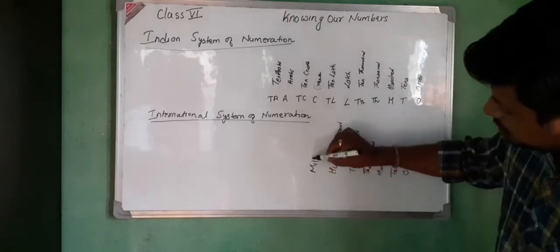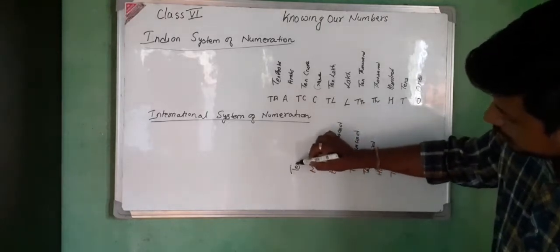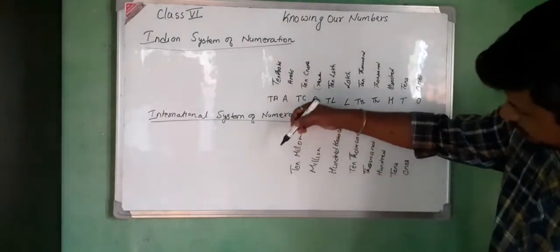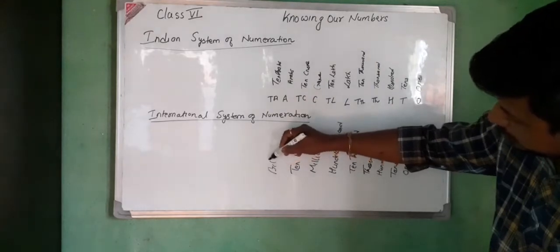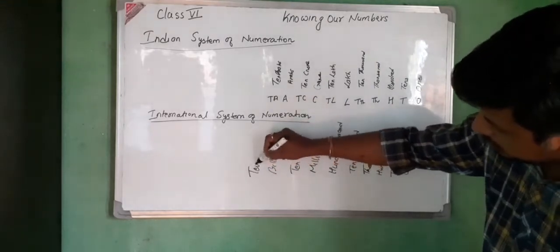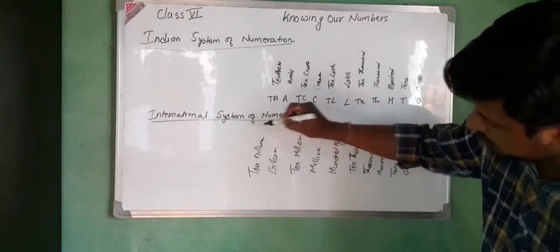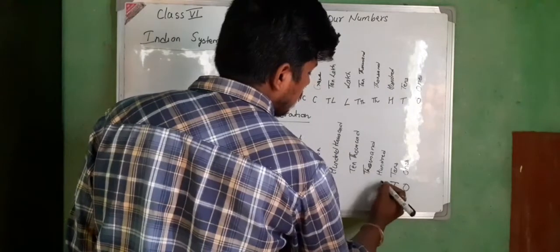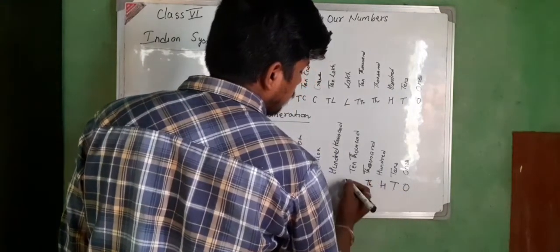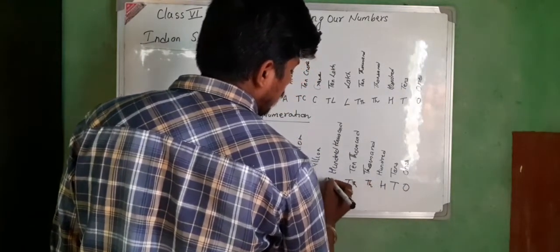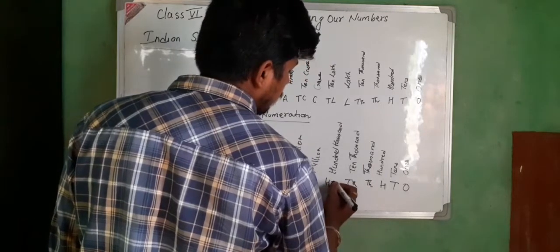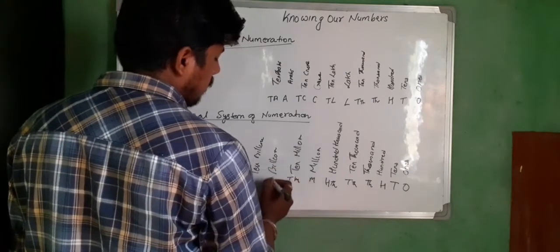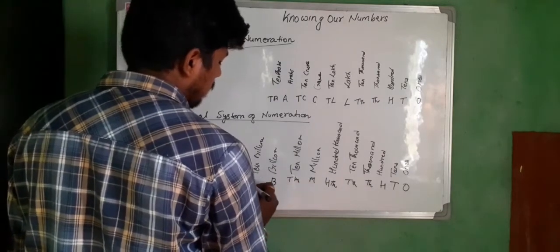Then million, then 10 million. Afterwards, billion, then 10 billion. So it will be ones, tens, 100, 1,000, 10,000, 100,000. After that, million, 10 million, then billion, 10 billion.